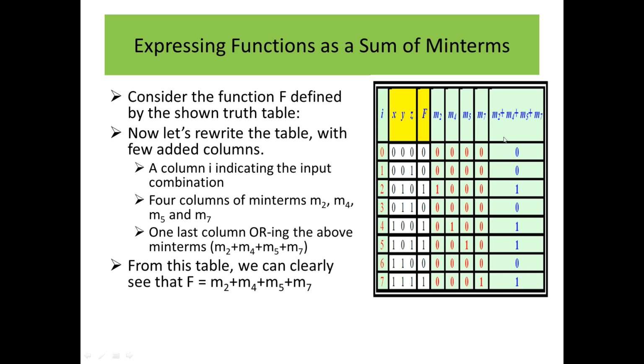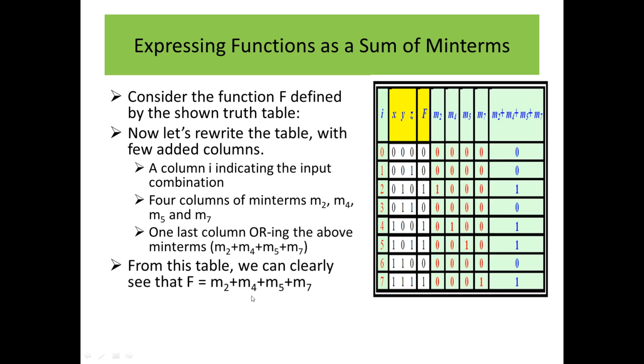So by this truth table, we can write f is equal to m2 plus m4 plus m5 plus m7.